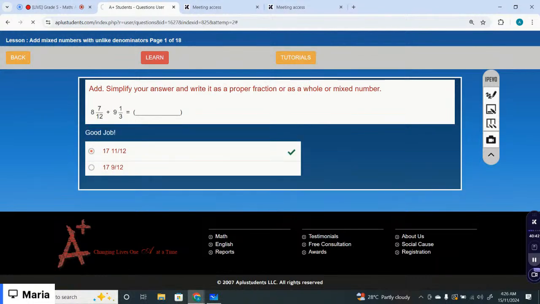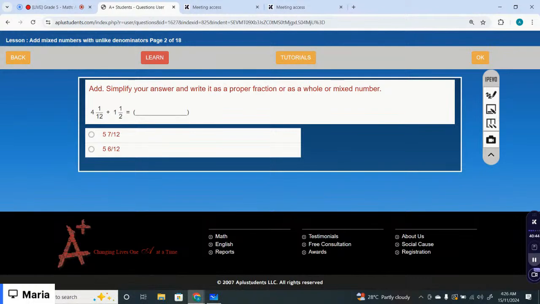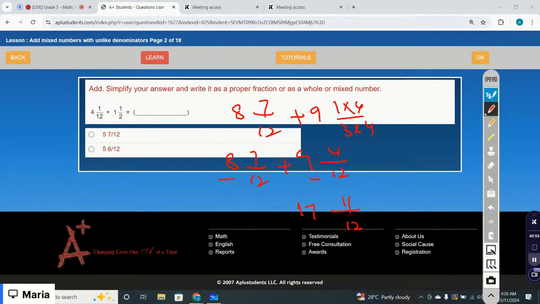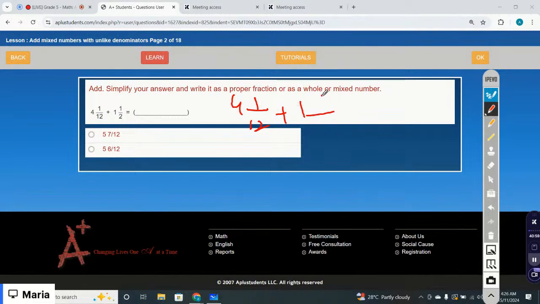Okay, the next one is 4 whole 1 by 12 plus 1 whole 1 over 2. So which is the correct option? That is 4 whole 1 over 12 plus 1 whole, 1 times 6 and 2 times 6 is 12.